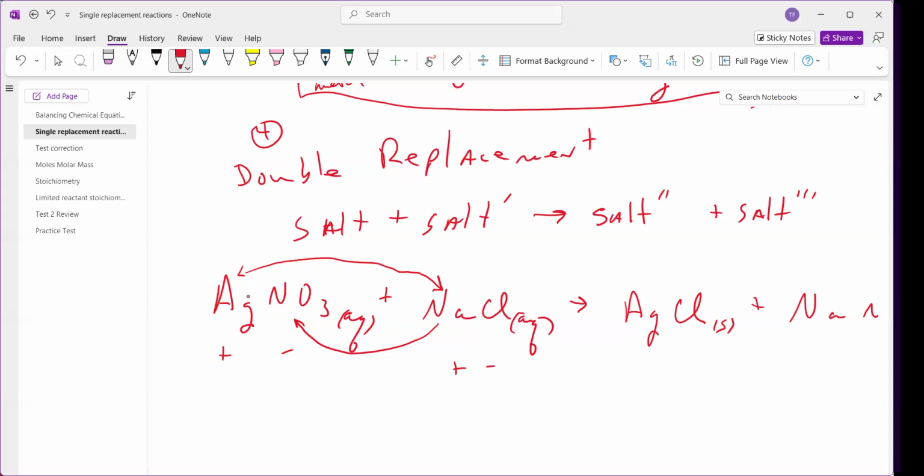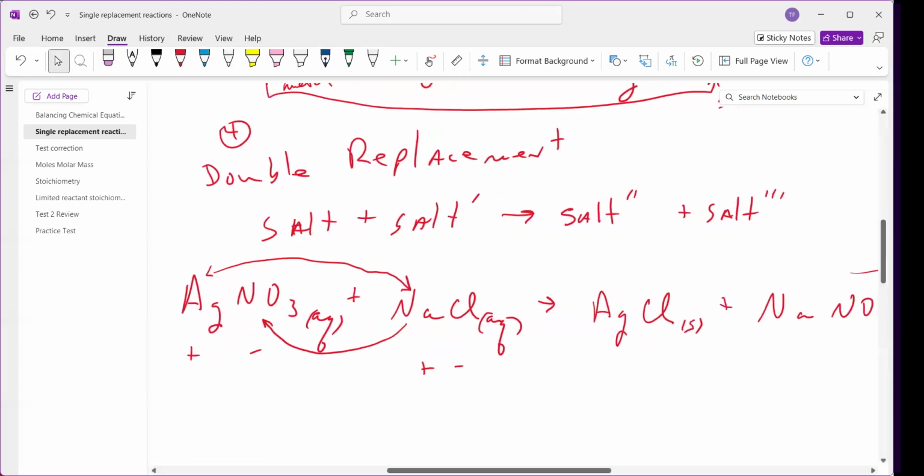Where it says NaCl(aq), and then what's under it, AgCl(s), that's S for solid, in parentheses.